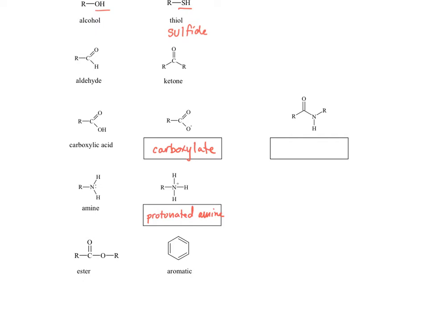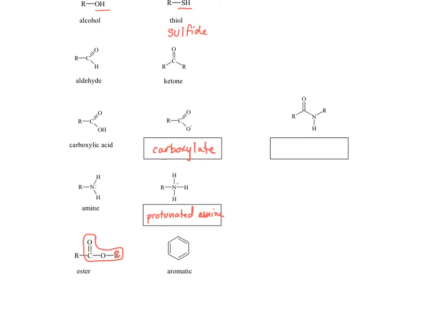All right, let's finish this off with three more. We have the ester, and the way an ester is going to be recognized is it has a carbonyl bridging by an oxygen to another carbon over here. And so we often think about it as a C-O-C double bond O if we're reading from right to left here.